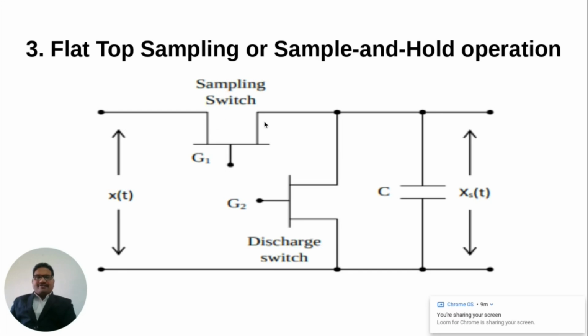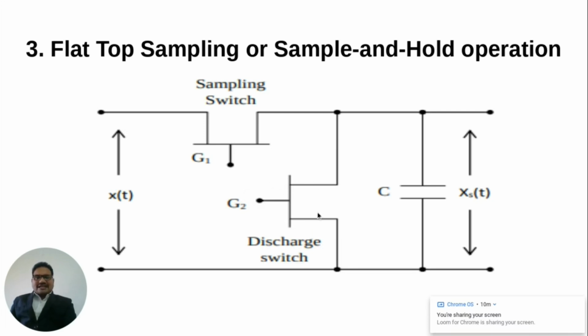During this interval, the capacitor charges up to a voltage equal to the instantaneous value of x of t, that is the incoming signal. Now, this sampling switch is opened. The capacitor holds the charge, and after that, the discharge switch is closed by applying a gating pulse to G2.